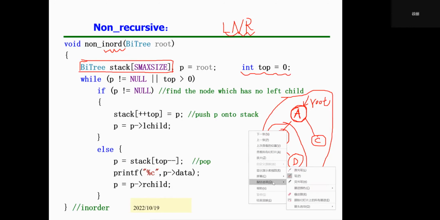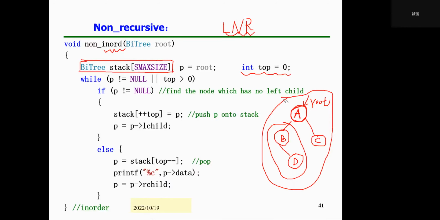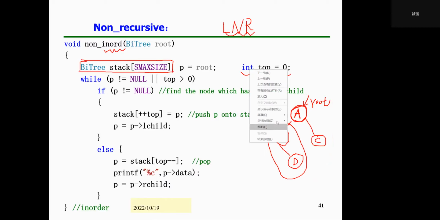And as for this subtree with root B, the first thing we need to do is to inorder the left subtree of B, right? Of course, the left subtree of B is null. So that means we can visit the root now because B has no left child.